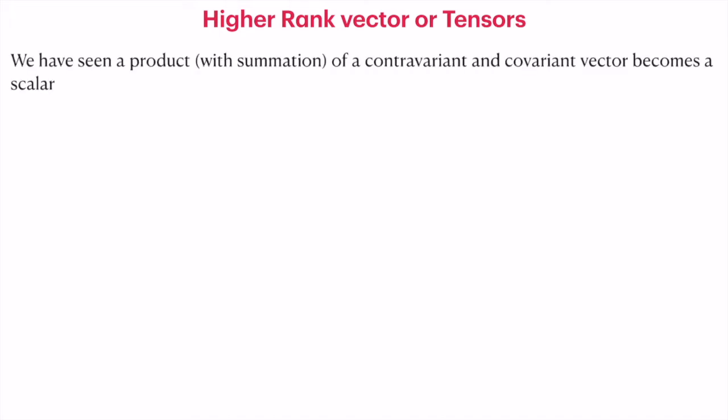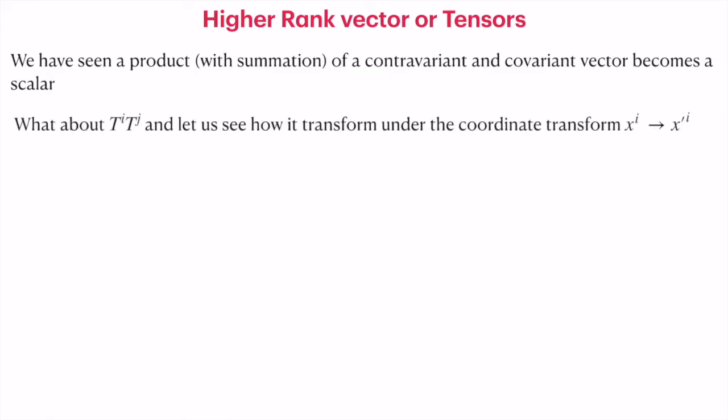Now once we have seen the dot product, we may also see the higher rank tensor. Here a higher rank tensor can be simply obtained by multiplying, or taking the outer product of, the vectors. It means you simply multiply them without summation, that means with different indices. Suppose I have a vector T^i, then T^i T^j basically represents a tensor of second rank. So how can we make this out? We can make this out using the transformation rule.